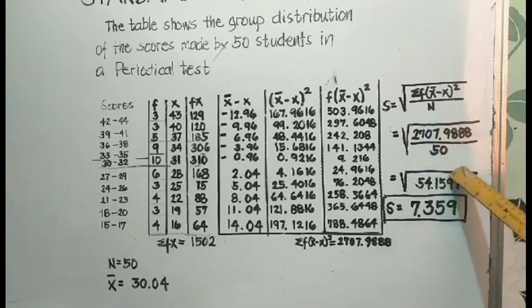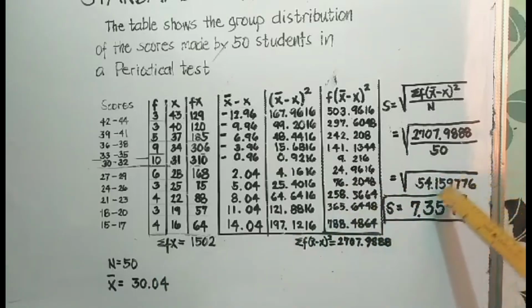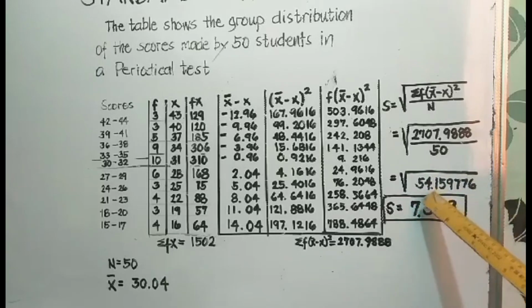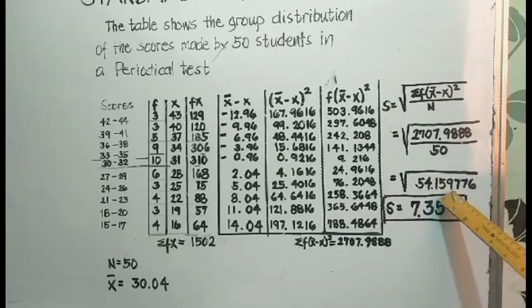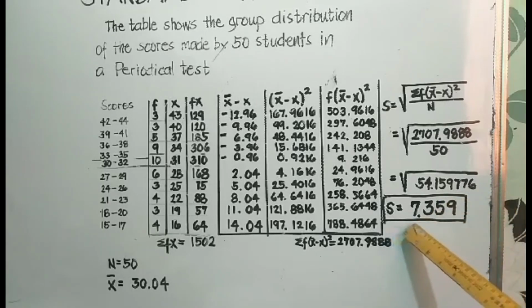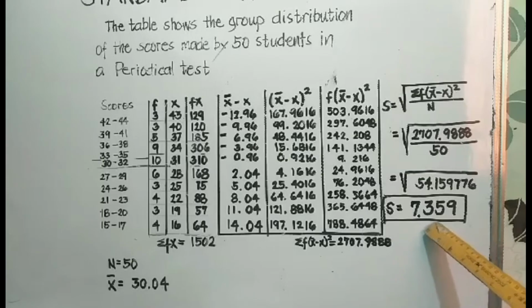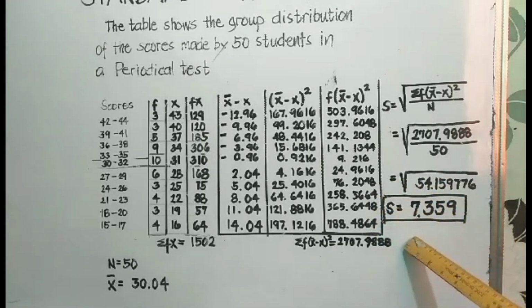Ano bang n natin? Ang n natin ay 50. So, ang magiging result niya ay the square root of 54.159776. So, ang square root niya ay 7.359. Ito na ngayon ang ating standard deviation.